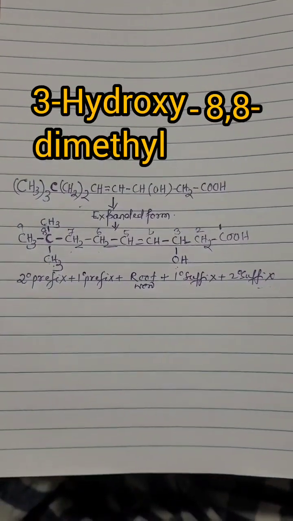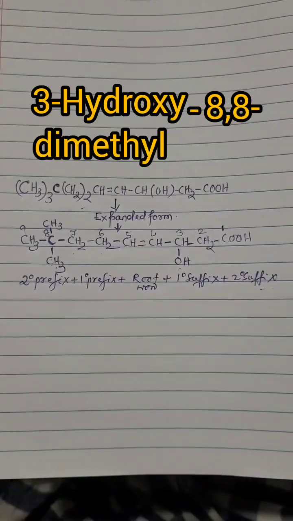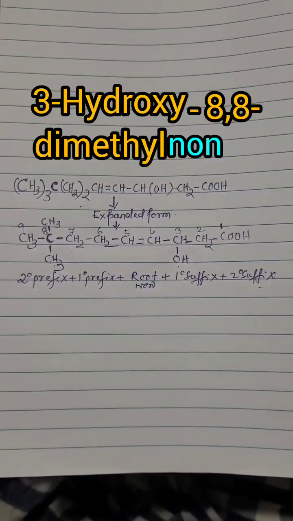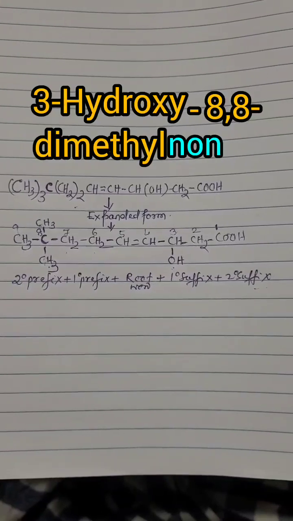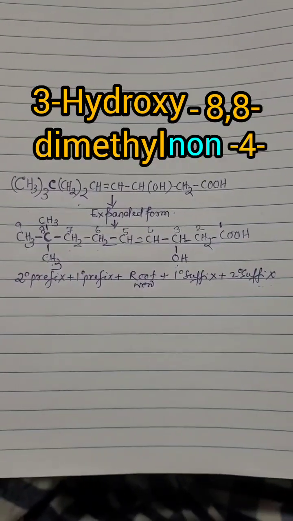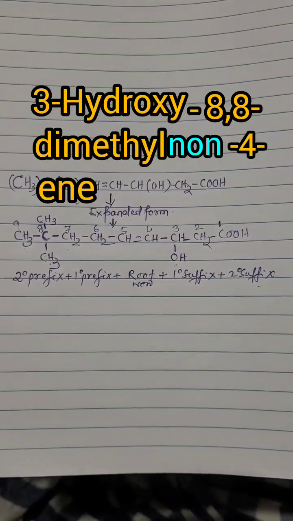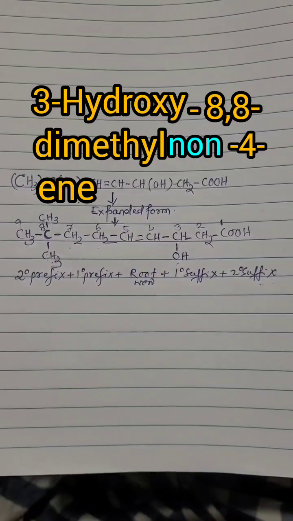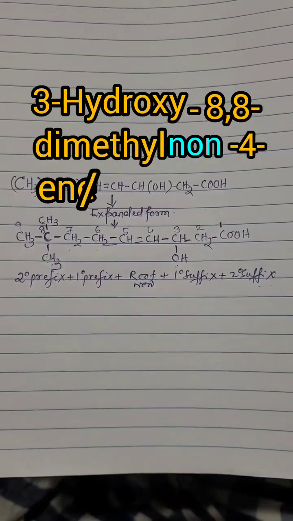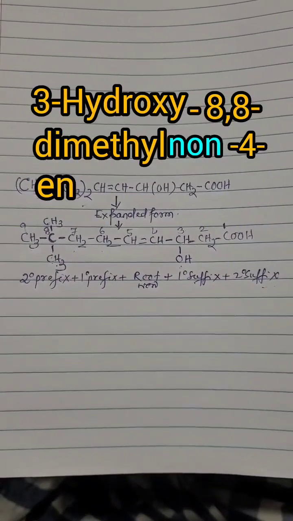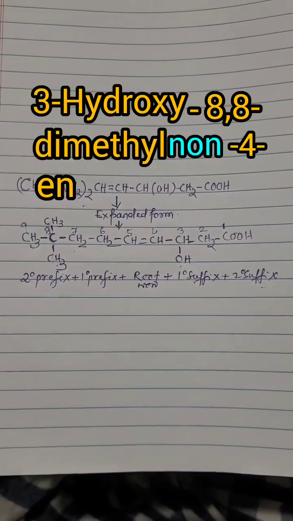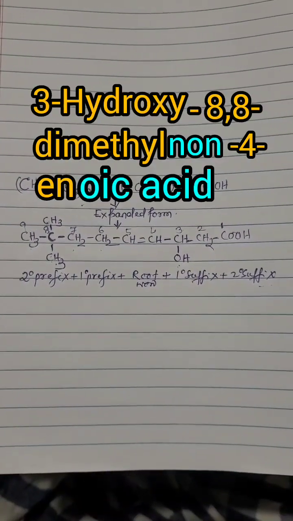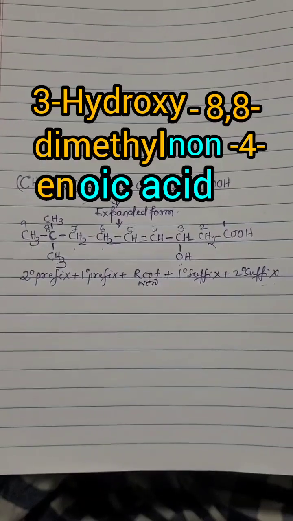Then for 9 carbon atoms in the parent carbon chain, the root word is non. The primary suffix is 4-ene because there is a double bond between number 4 and number 5 carbon atom. Then we have to remove E from ene. Then we write oic acid for COOH.